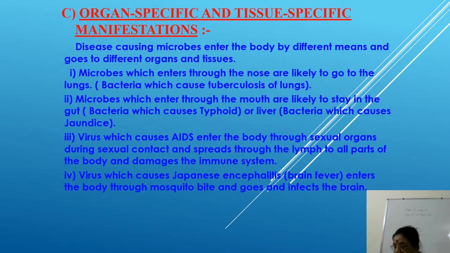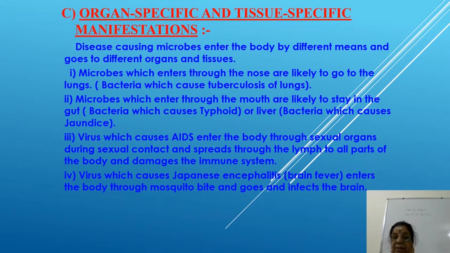In some cases, the tissue specificity of the infection leads to very general-seeming effects. For example, the HIV virus goes into the immune system and damages its function. Actually, it affects the lymphocytes.